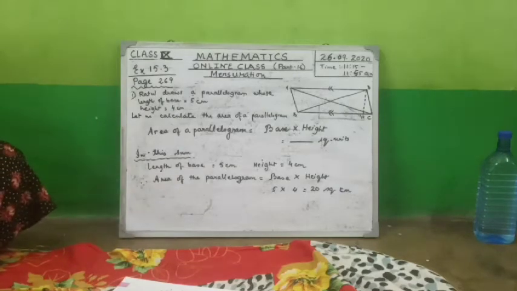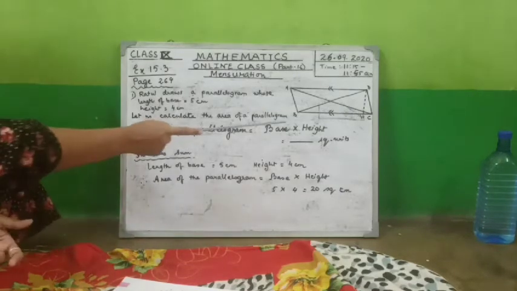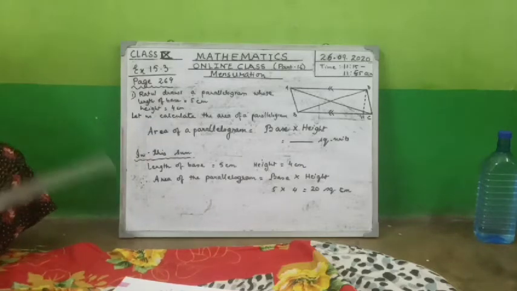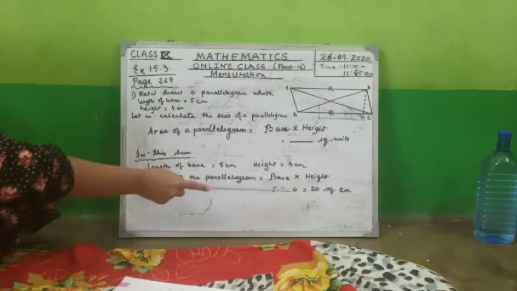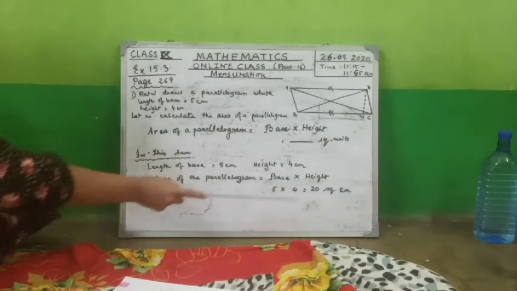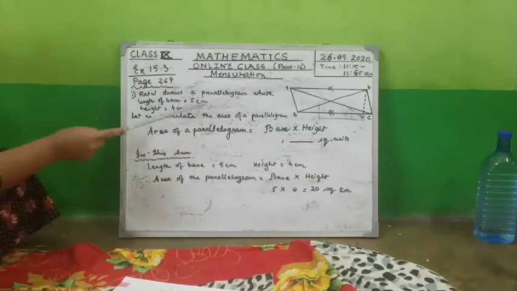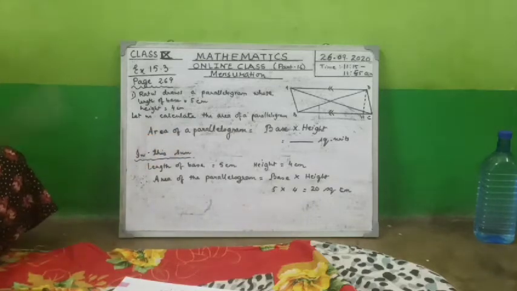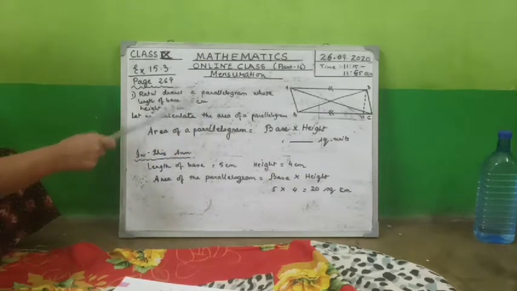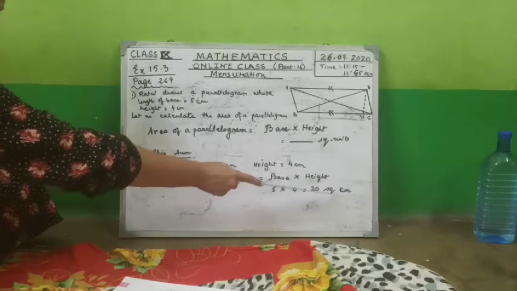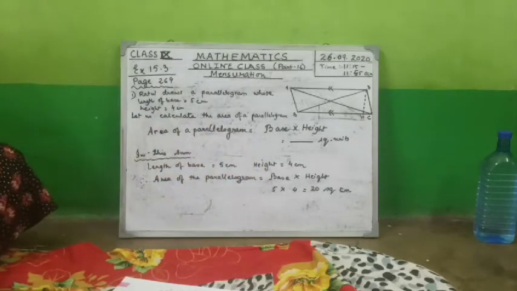Obviously, so easy. The base is given, your height is given, you just multiply. So base is 5, height is 4, 5 4s are 20, and since it's the area, you have to write your answer in square units. Since it is centimeter, it will be 20 square centimeter. Coming to the next sum.